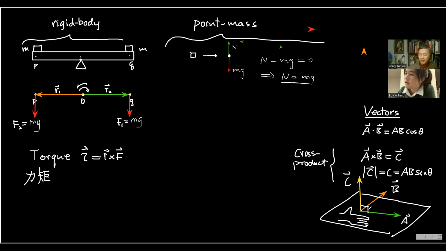And then you bend your fingers 90 degrees, and the thumb will be the direction of C. For example, there are two vectors, right? Yes. And the red one is the first one.